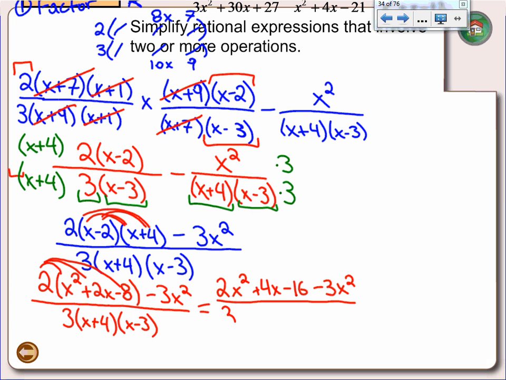And our final step here is going to be to combine our like terms. So we have the 2x squared and the negative 3x squared. Those can be combined to be negative x squared.